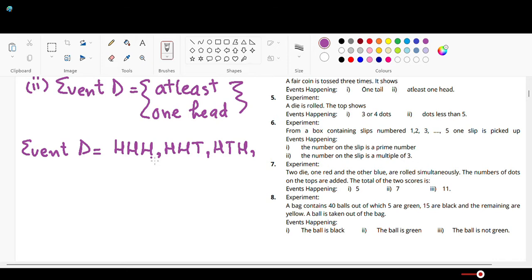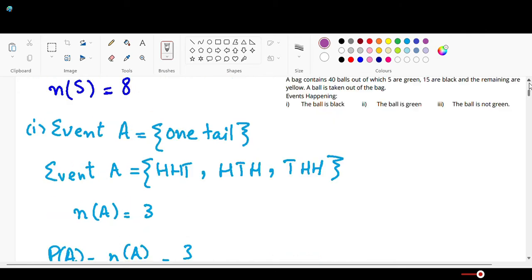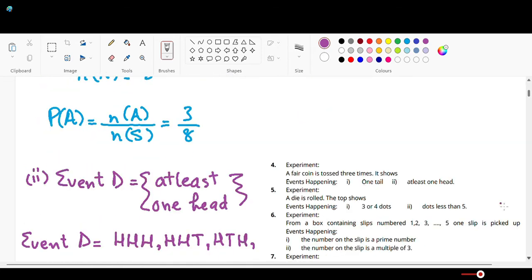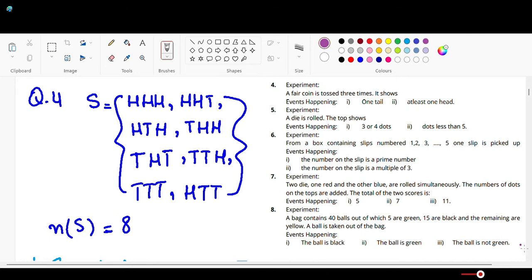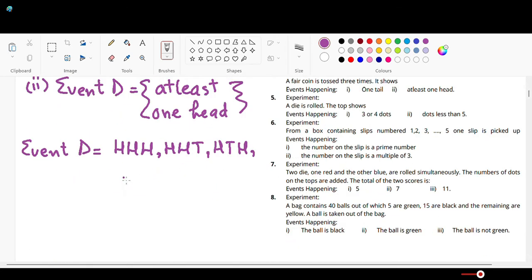But for the sake of this video, we'll write all the outcomes which contain at least one head. So we have triple H, double H T, and HTH. Then we have T double H, and then we have THT.